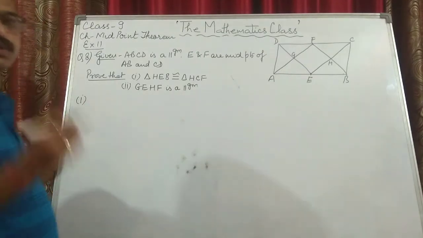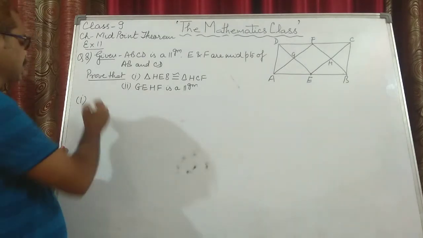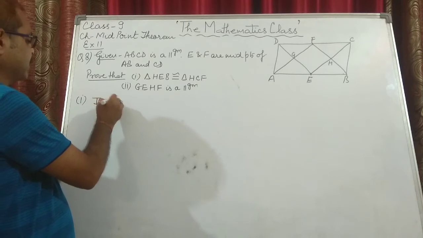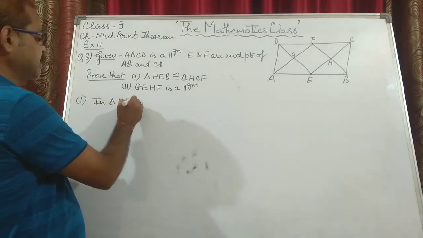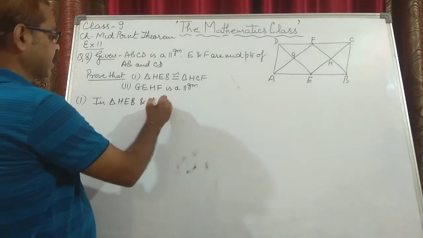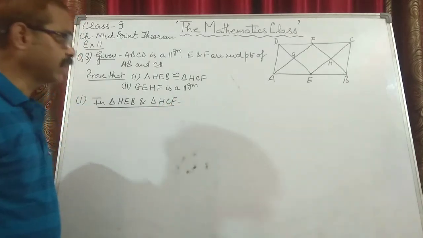When we prove congruency in triangles, we generally write those triangles which we are considering. So we'll write in triangle HEB and triangle HCF. What do we find?